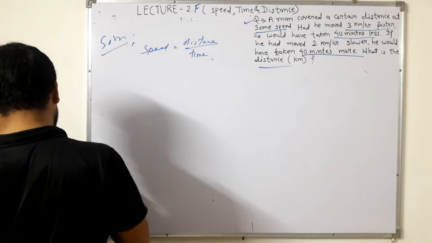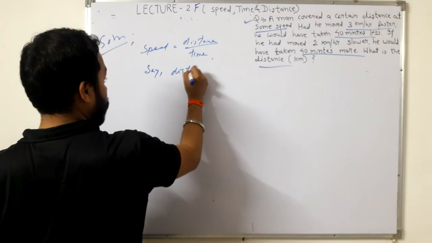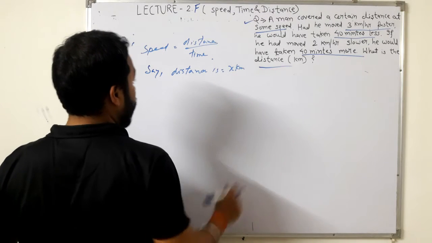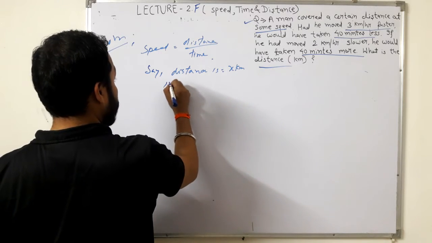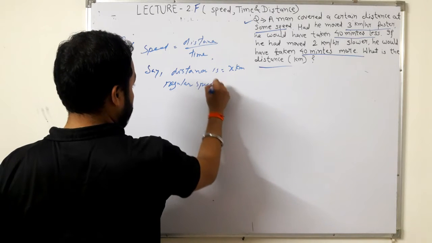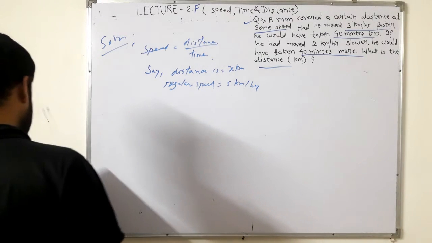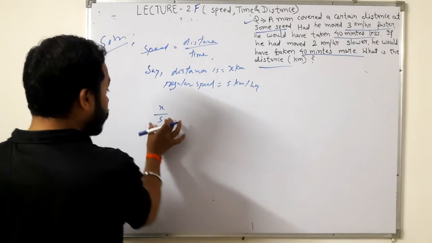We need to find the distance, so say the distance is x kilometer and his regular speed is, say, s kilometer per hour. So if I write x by s, what I will get?